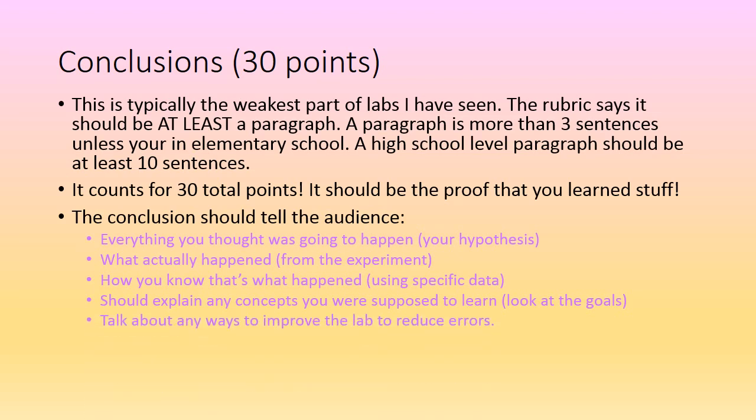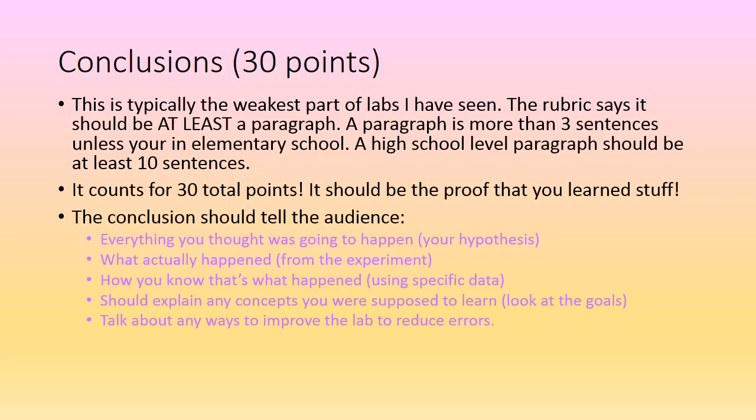And then lastly, you should talk about any ways to improve the lab to reduce errors. And when I talk about something to improve, I don't mean say something like, I should have been more careful measuring mass. It shouldn't be something that you could have easily gone back and done again.